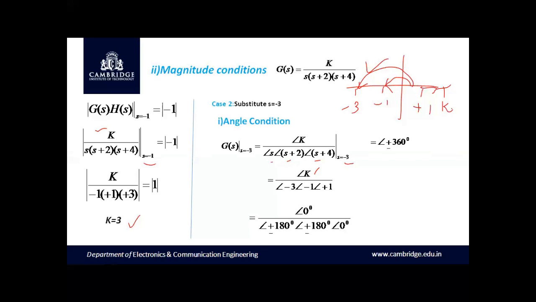Hence I get angle of 0 degree minus angle of plus or minus 360 degree. Hence in this case it is 2 times 180 degree. This is very clear that it is not satisfying the angle condition. Hence, s is equal to minus 3 is not a point on the root locus.